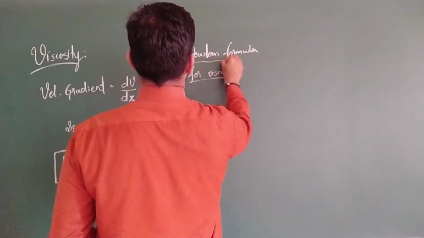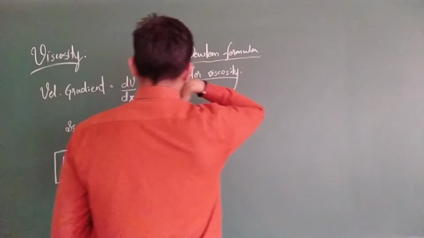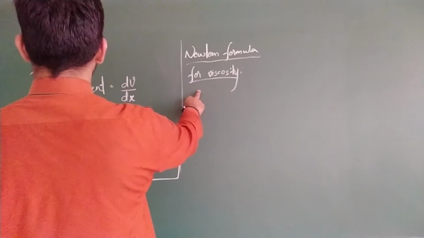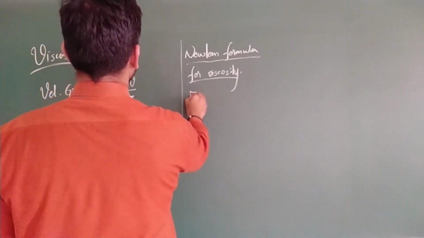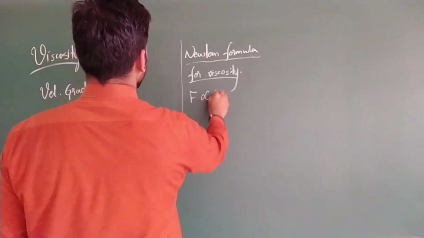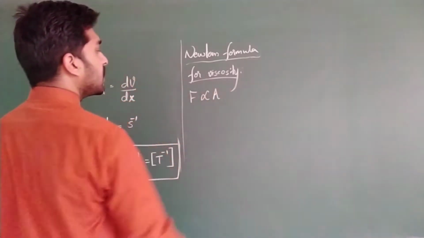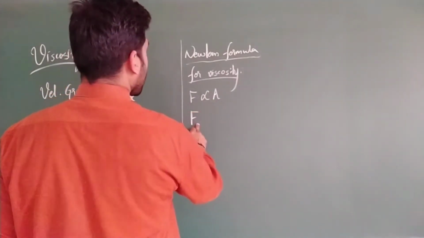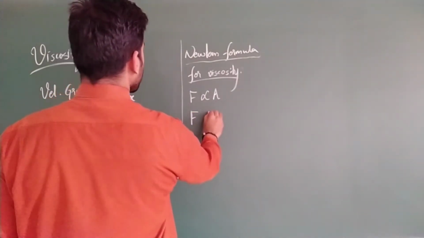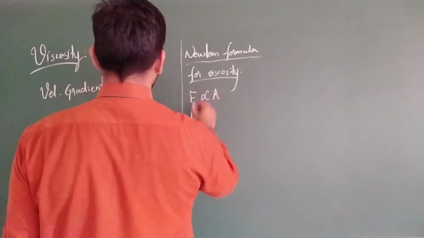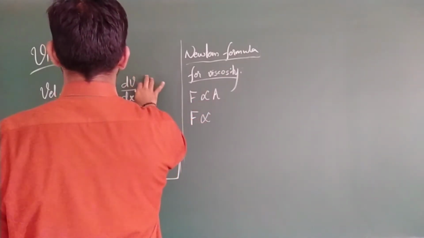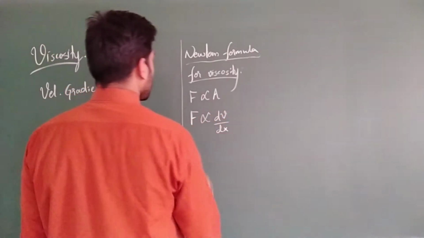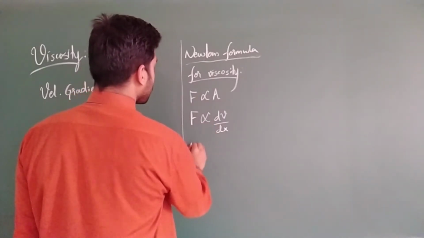In olden days, this viscosity concept was discussed by Newton also. He said that the viscous force is directly proportional to the area of the liquid layers in which two layers are in contact, and the retarding force is also directly proportional to the velocity gradient. What is our velocity gradient? It is dv by dx. Clear?